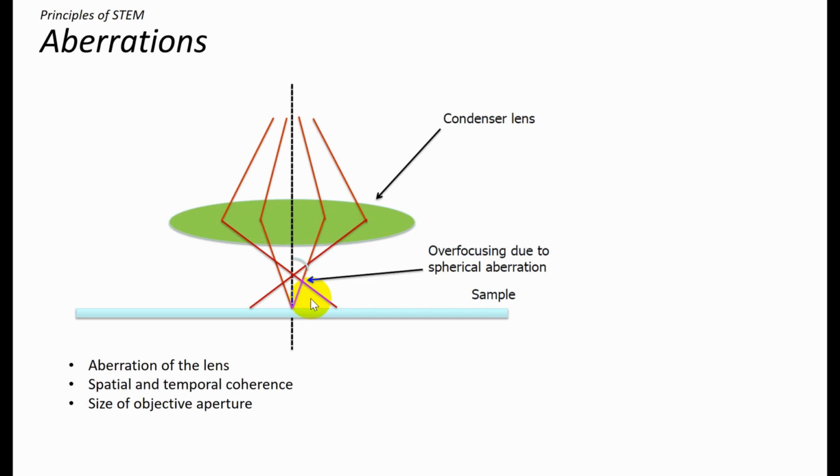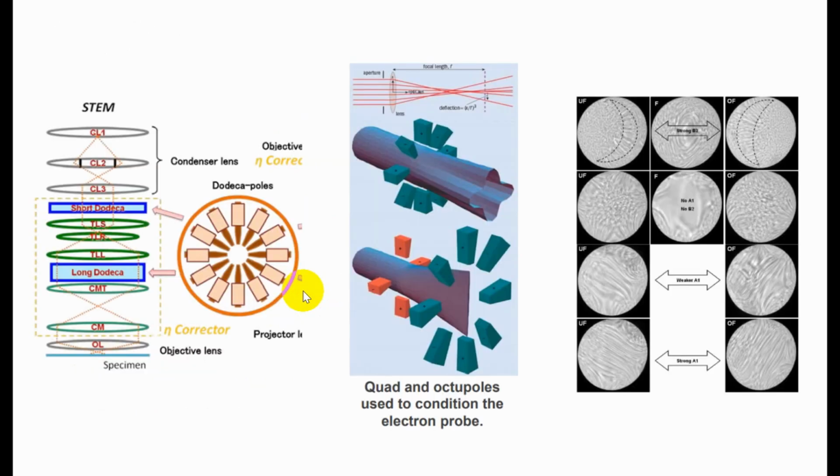Again, we want to correct the spherical aberration of the lens with the corrector. I do not describe everything in detail because I don't think it is a good idea to make this video very long. So I will just tell you the idea.